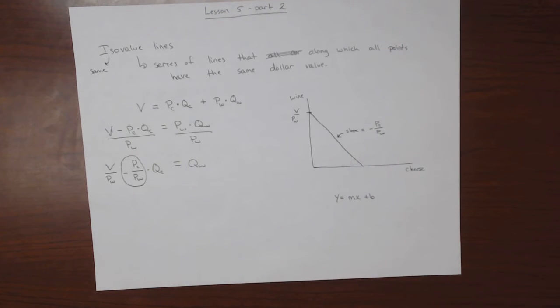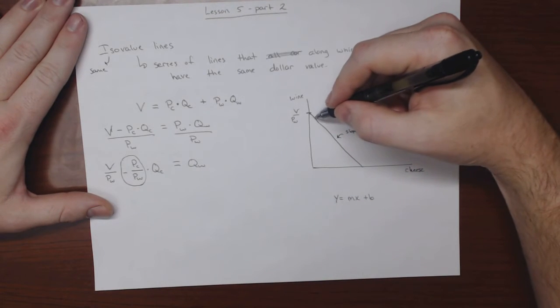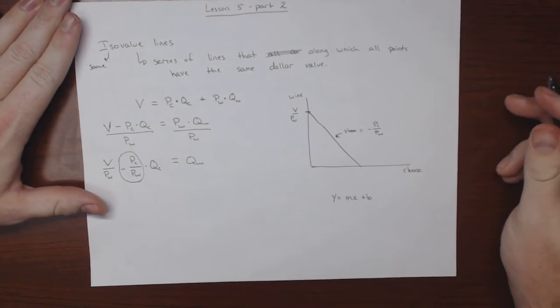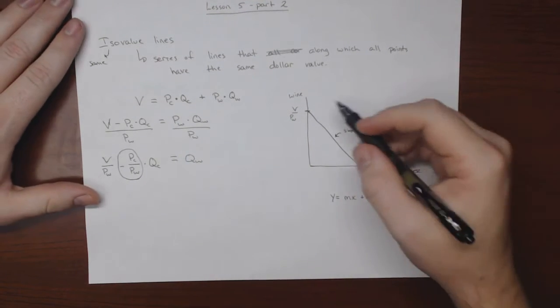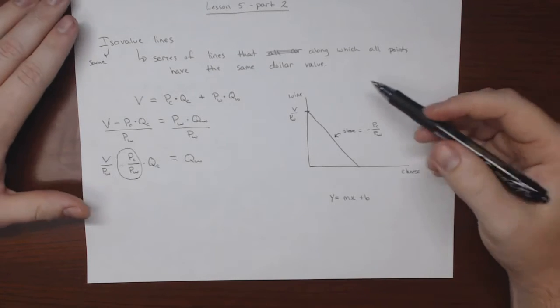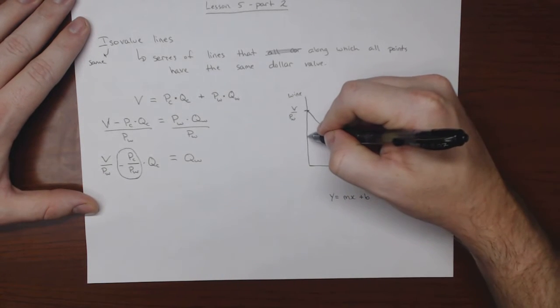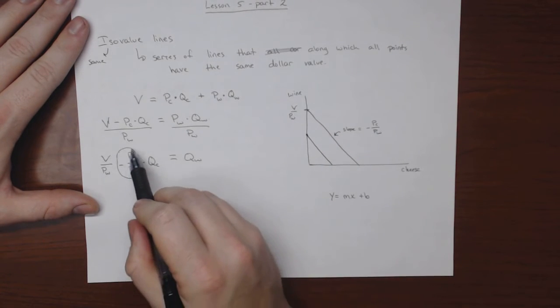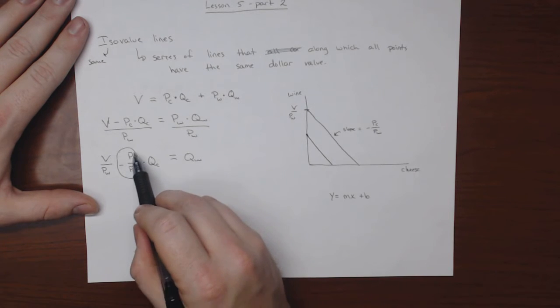Okay, and that says that on any point on this line, V is going to be exactly the same. Okay, so if V were to be smaller, it would just shift down here, but it would not alter the slope. Notice that the slope is determined by the relative price.